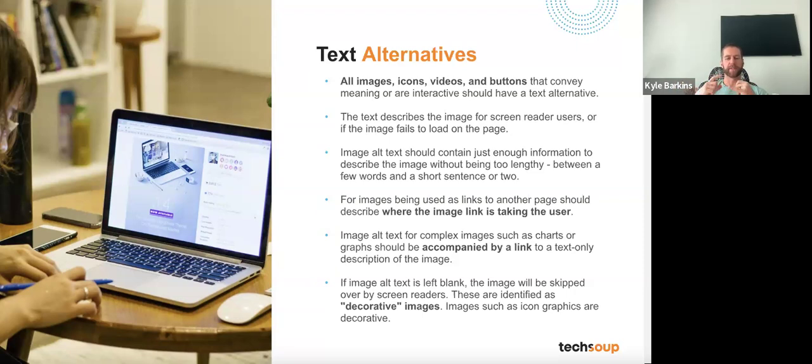And if the alt text is left blank, it's going to get skipped over by a screen reader. Those are things that the screen reader will identify as a decorative image. So things like logos, icon graphics, things like that, you don't need to add alt text to. You can put logo so that someone reading sees it, but if it doesn't have any real context in the page, you can actually skip the alt text.